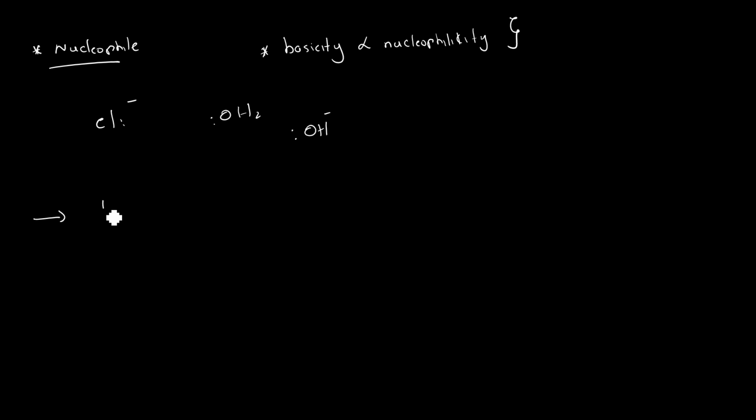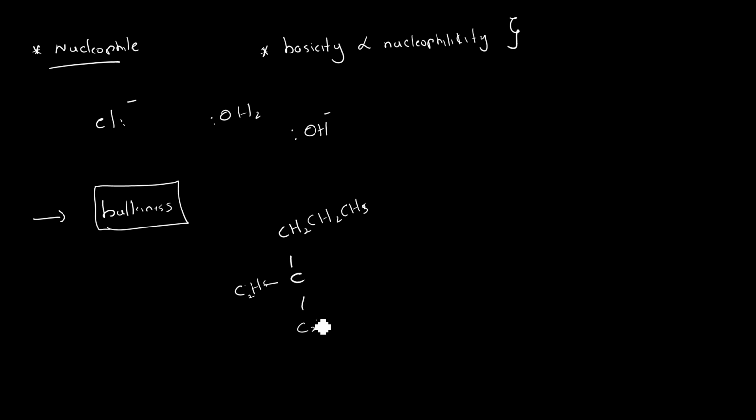When the bulkiness comes into your compound, if I take an example like this, let's say CH2 CH2 CH3, and here you have C2H5, and here you have C2H5, and then here you have O negative.